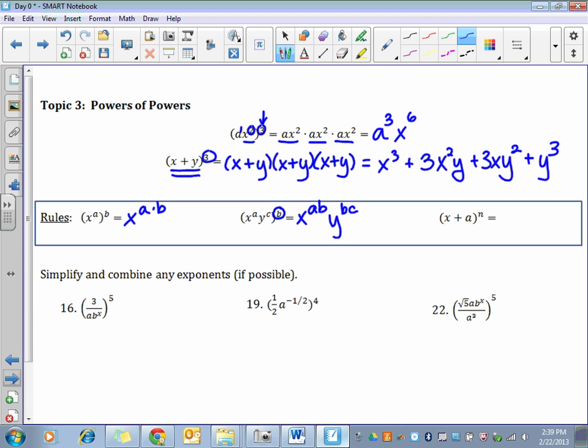So in fact, we cannot apply this law to that exponent over addition. I know some of you from Algebra 2 remember that you can't break up that family. So that's one way to think about it. So x plus a raised to the n power, this is where I would have to use the binomial theorem.